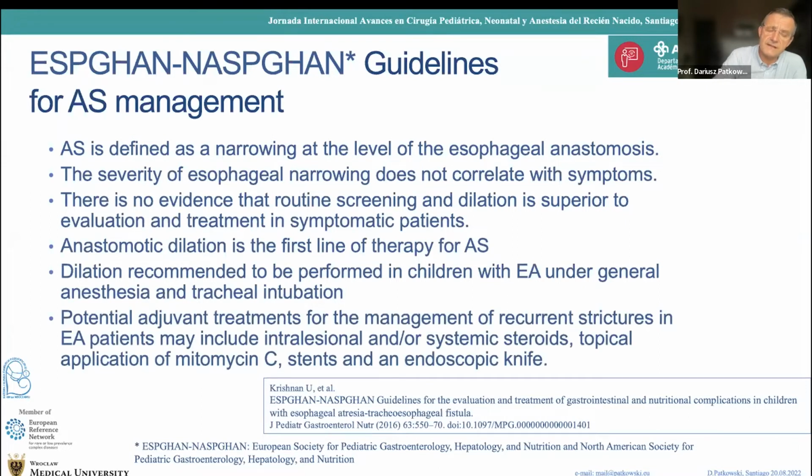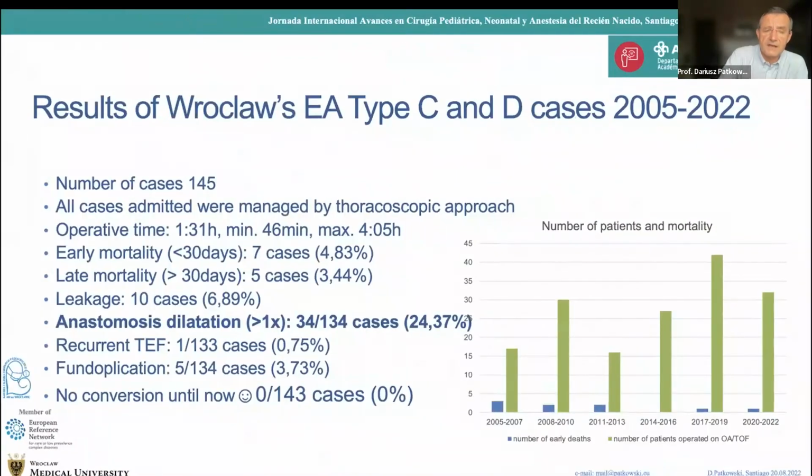There are some potential adjuvant treatments for recurrent strictures that include steroids, topical application of mitomycin, stents or an endoscopic knife.